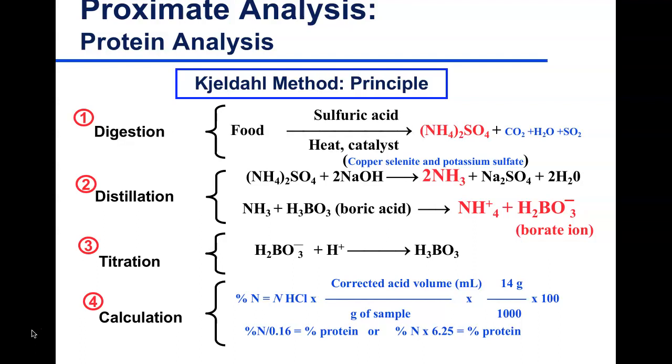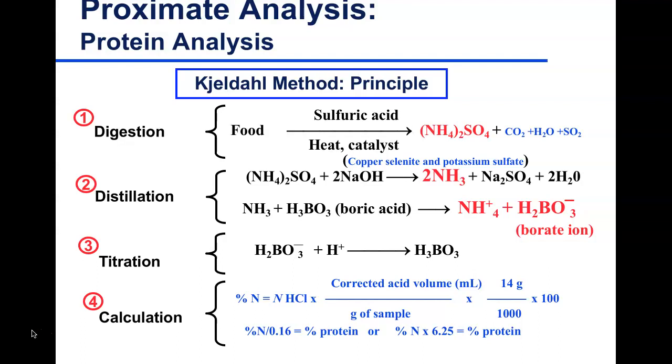In the boric acid, we have a borate ion formed. And in this solution, there's a methyl red indicator, which is red until you add the ammonia gas, which turns it yellow, because of the pH dependency. So once we have the ammonia gas in with the boric acid to form the borate ion, we can then titrate it.